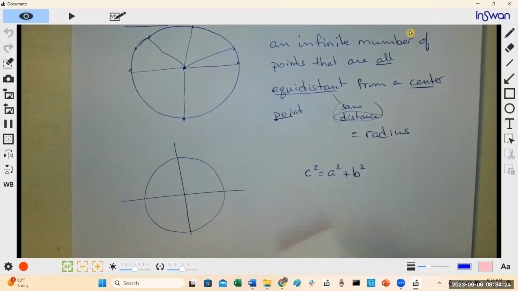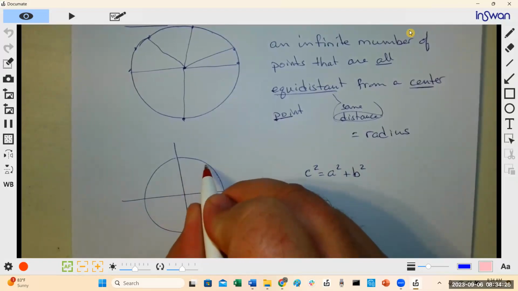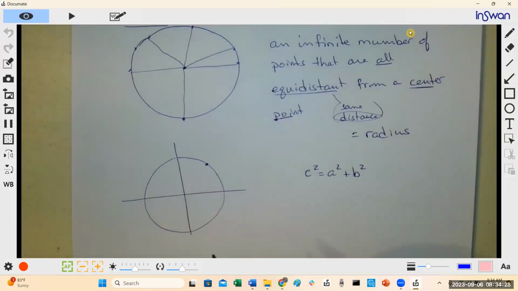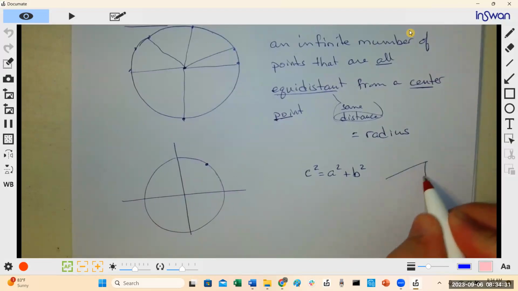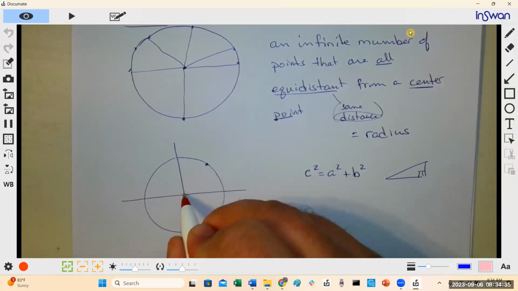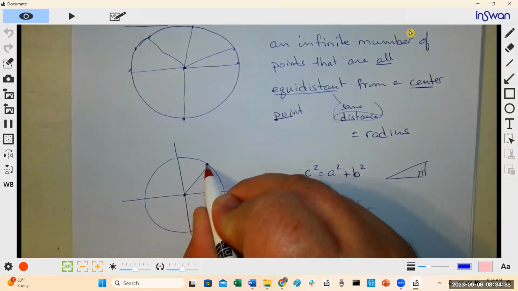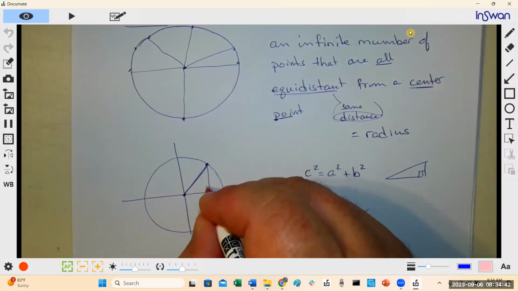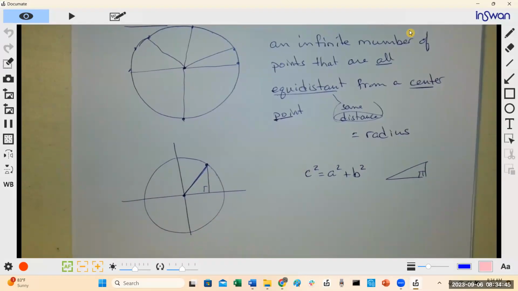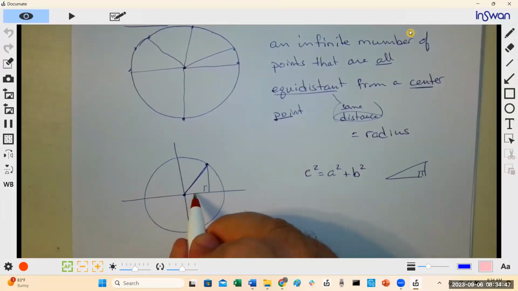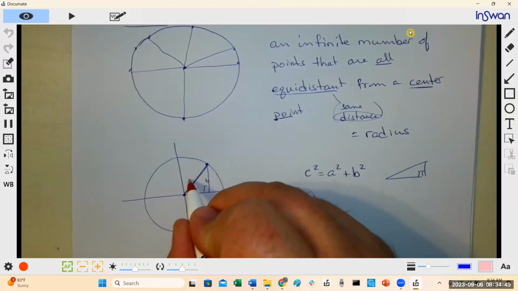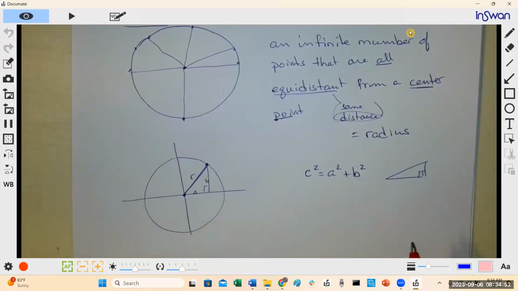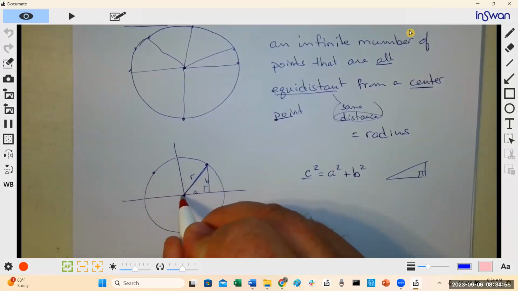All right, so let's look at this. If I have a point, remember this only works with triangles. Here's a center, there's that. So we have 2 points. We have the radius. Well, if we draw a line straight down, we have our 90-degree angle. So we have A and B, but the radius is always the same. The C value is always the same. Same thing if I put a point there.